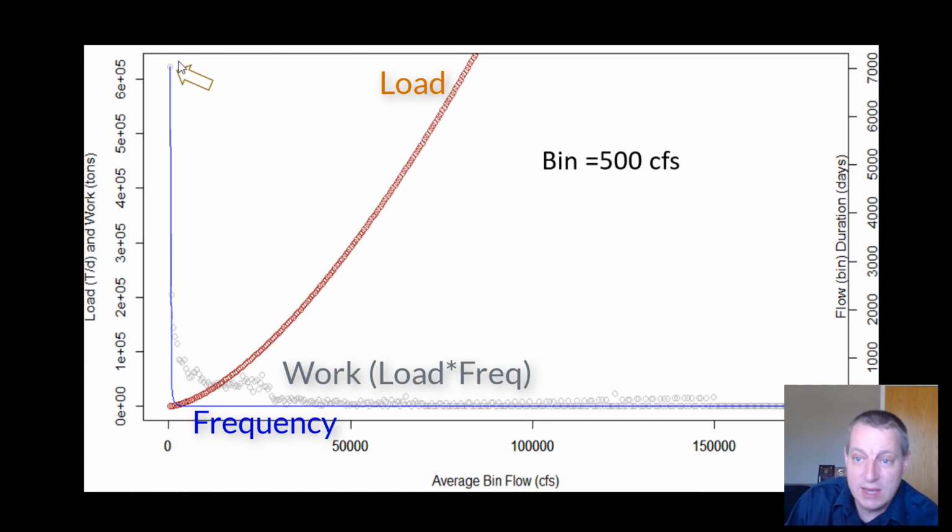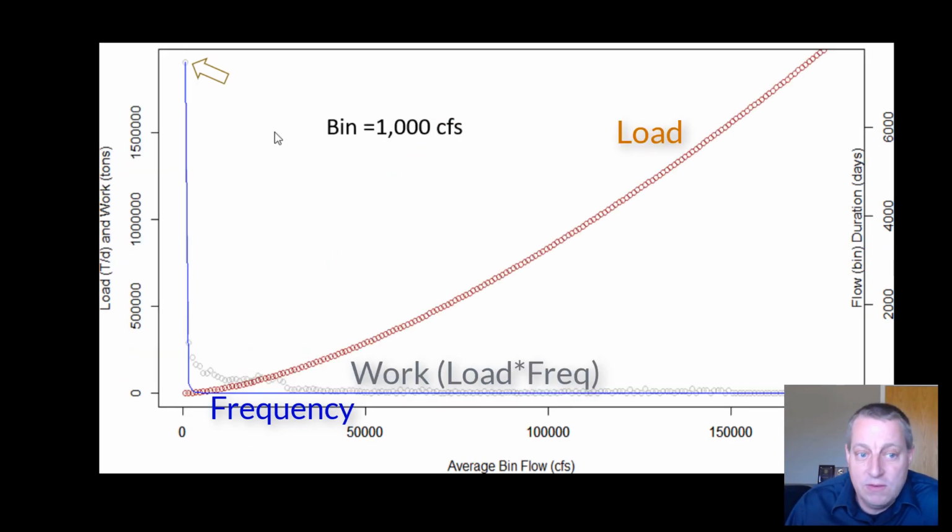So when you take the product, even though transport is very low, you get your effective discharge in that lowest bin. And that's very common for these flashy systems. Even with a bin of 1,000, you get the same thing. Almost all of your flows fall into this first 1,000 CFS bin, and so your effective discharge is just the average of that first bin.